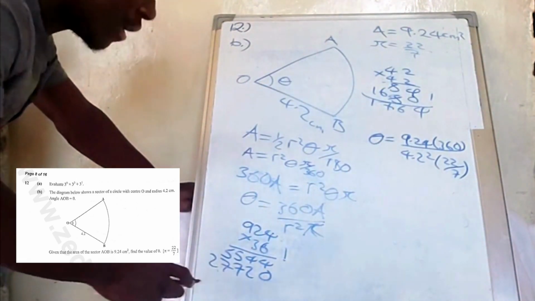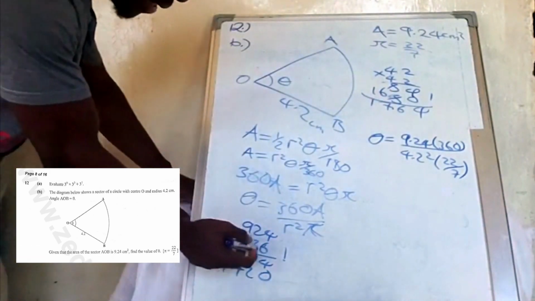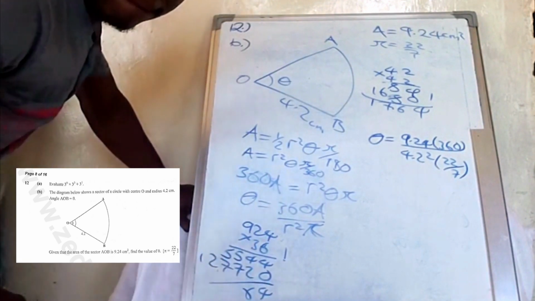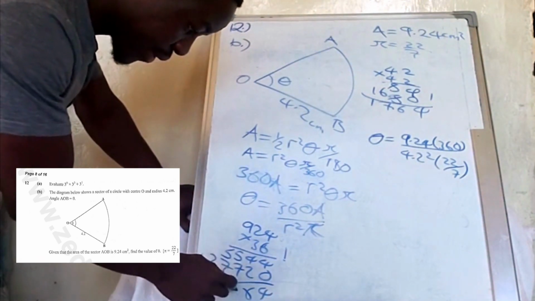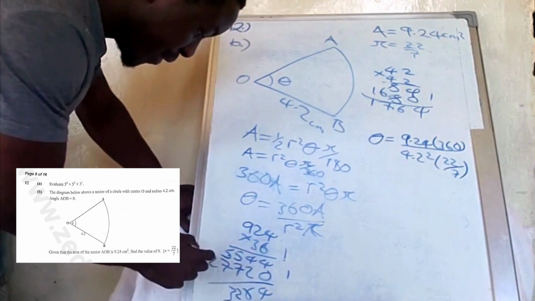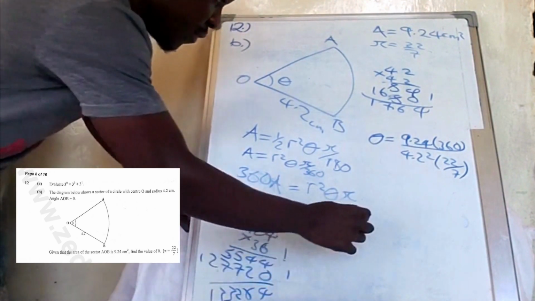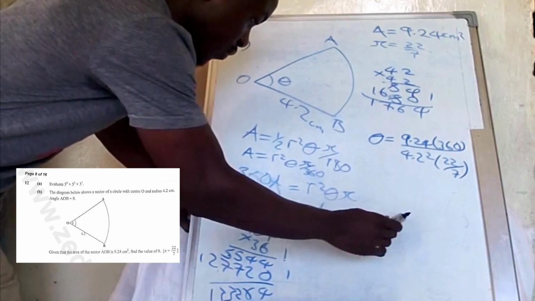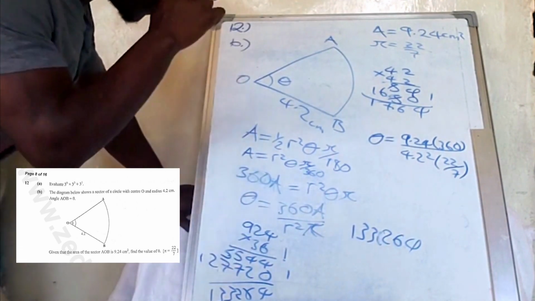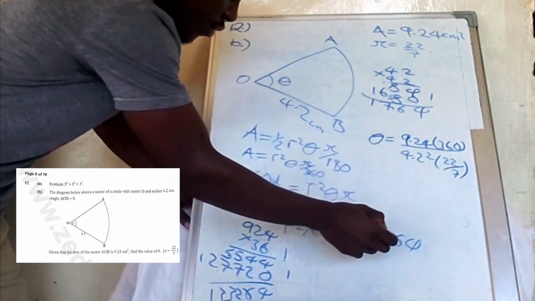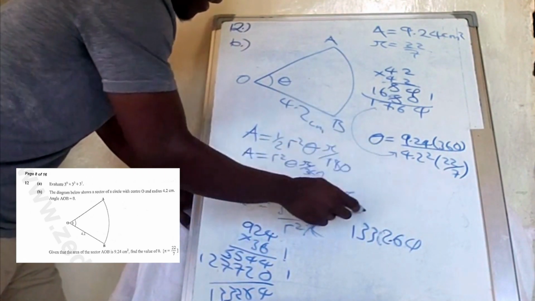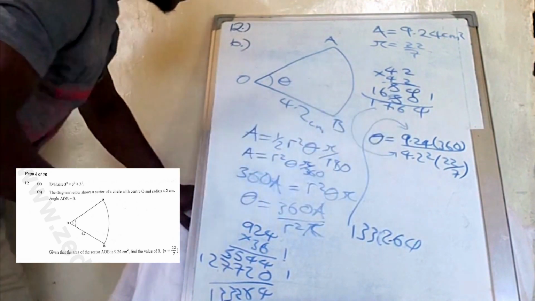Okay, and then we can continue. We add the numbers that we have. We've got 1, 3, 3, 2, 6, 4. Okay, and we had how many decimal places? We had 2.